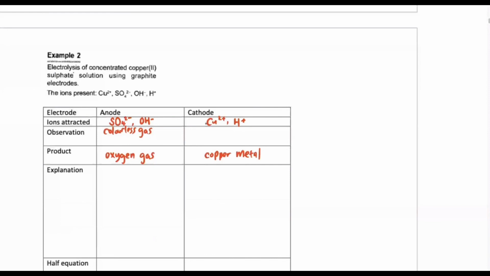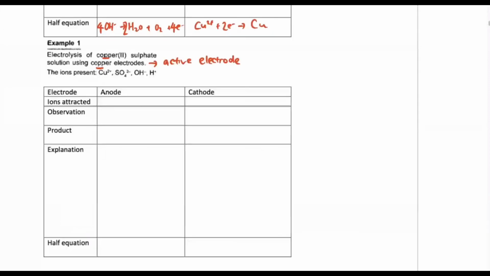And what happens actually is something like this. We put everything in detail here. So we have ions that are attracted to the anode. There are the anions, sulfate and hydroxide. None of these is chosen to form the product.